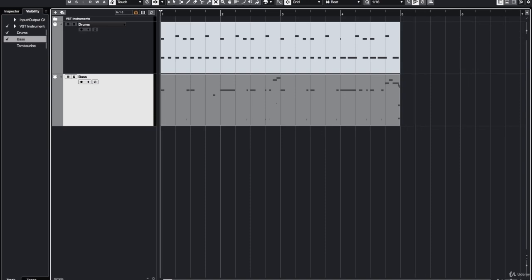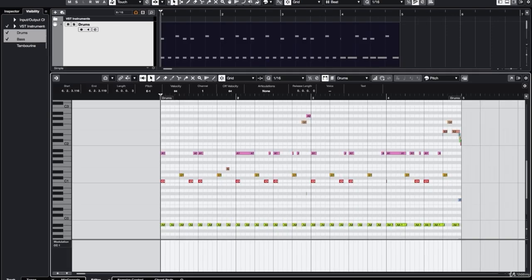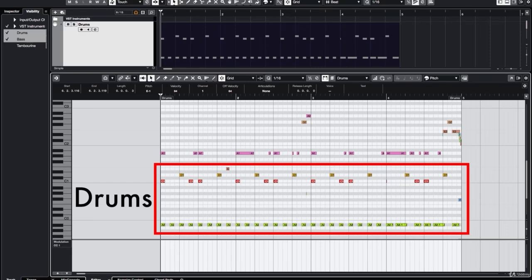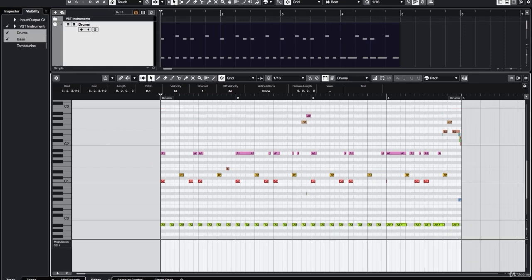When we play them together, this is what we get. Chaotic again, huh? Here's why. Remember, I just said a moment ago that the drum part was in straight eighths, while the bass part is in 16th notes, and it has a groove that doesn't really match the groove of the drums.